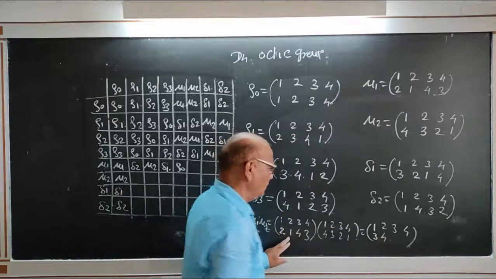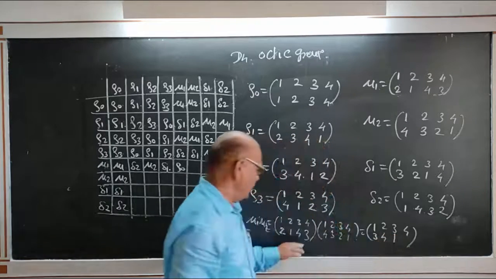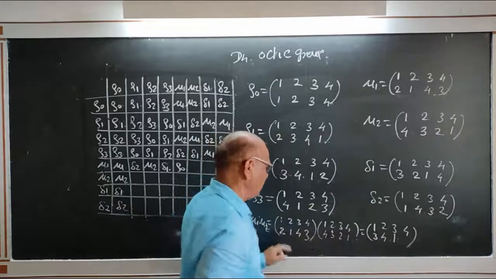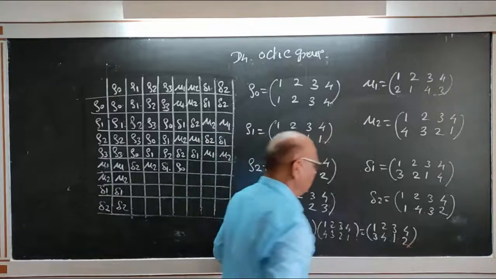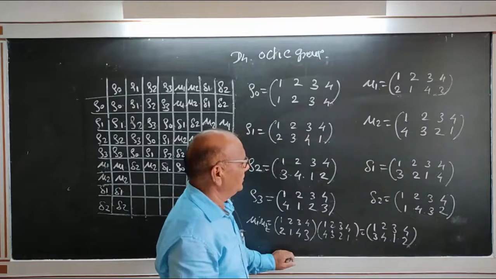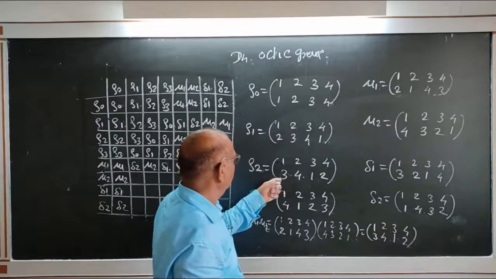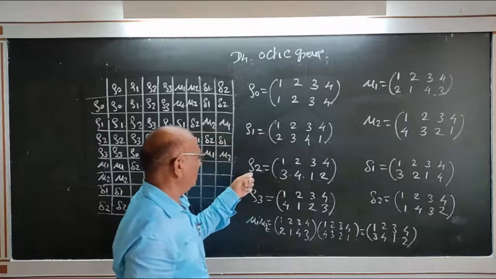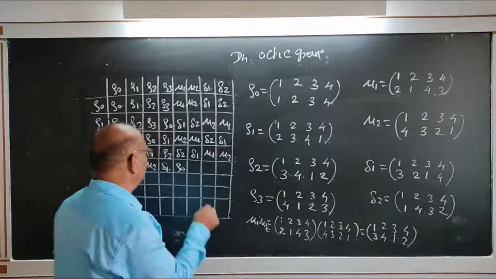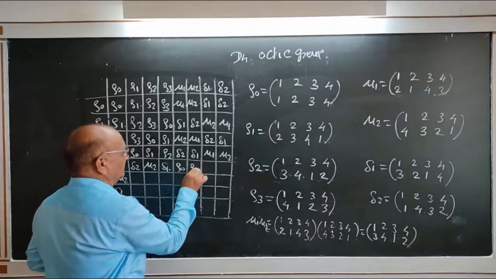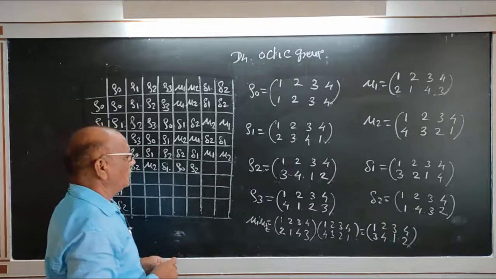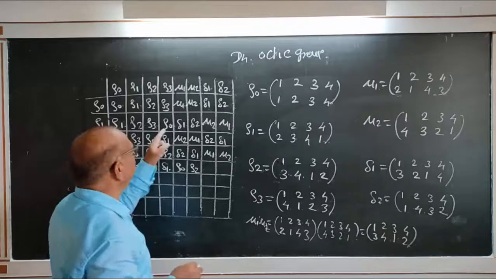Here 2 goes to 1. And 4 goes to 1. Here 1 goes to 2. That means 3, 4, 1, 2. This is row 2.